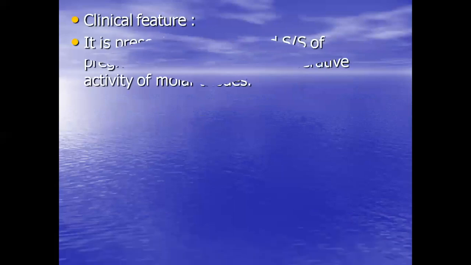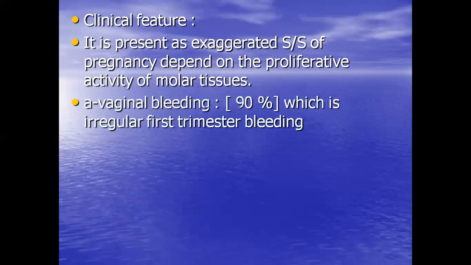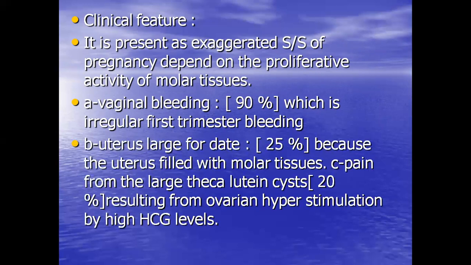How does the patient present to you? Exaggerated signs and symptoms of pregnancy, depending on the proliferative activity of molar tissue. It is a very rapidly growing tumor, very active. The main presenting symptom, in 90% of cases, is irregular vaginal bleeding in the first trimester. Uterus large for dates in about 25% because the uterus is filled with molar tissue.